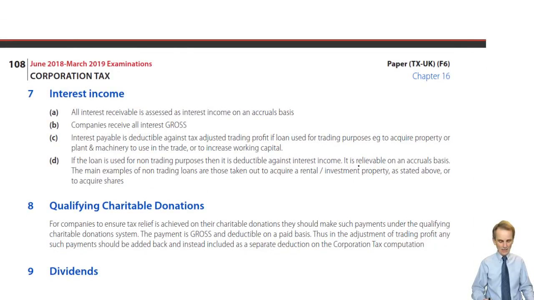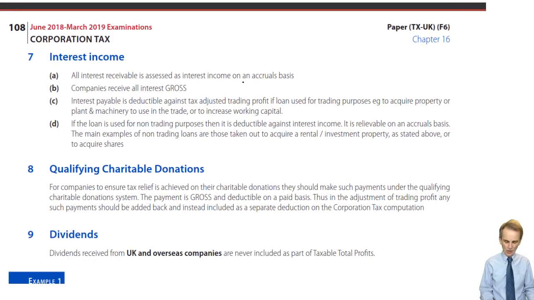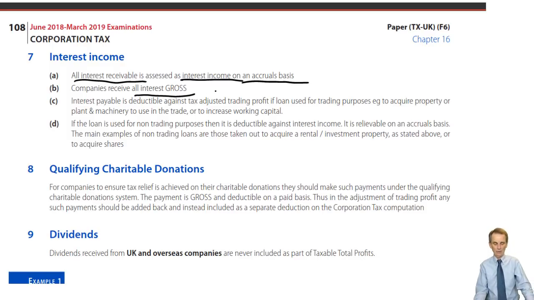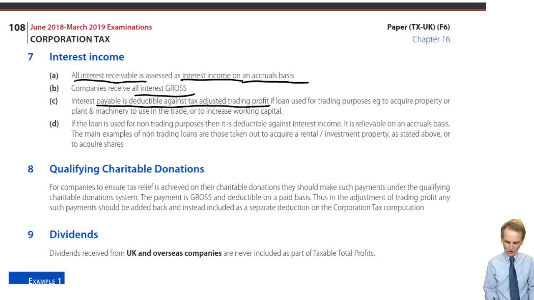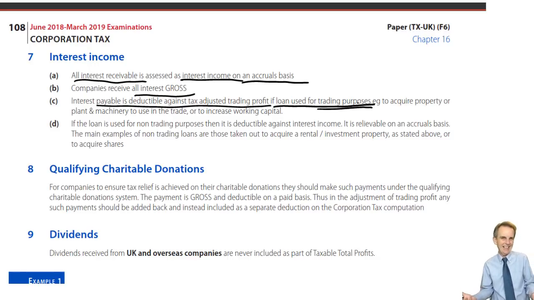On to interest income. Again, we're going to work on an accruals basis. All interest receivable is assessed as interest income. Companies will receive their income gross, so far as our syllabus is concerned. It will all be interest gross there. Interest payable is deductible against tax-adjusted trading profit. If the loan is used for trading purposes, it's clearly a trading profit deduction.